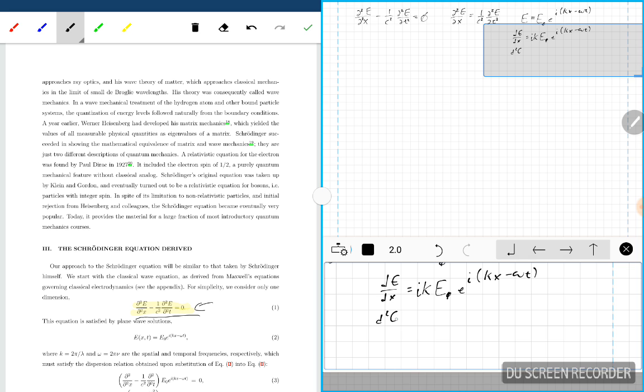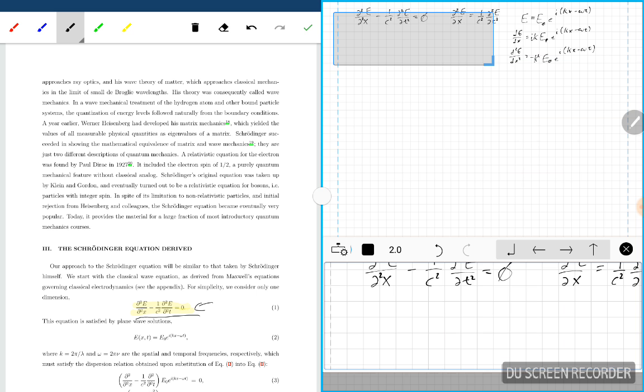My second derivative, I now have i times i, so that's -1. k times k is k squared. And you see I get just the negative of the original expression back again. I'll get the same thing if I do it with respect to t.